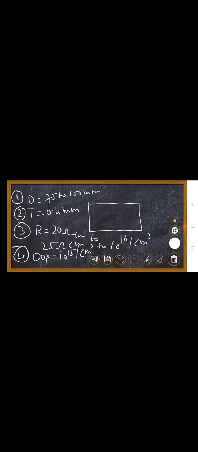Don't forget students, after doping the necessary p-type impurities, the substrate becomes like this. Is it understood? This is the first step, wafer creation. Are you clear, all of you?